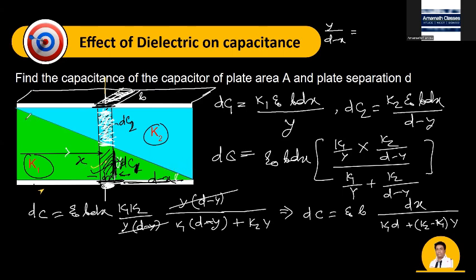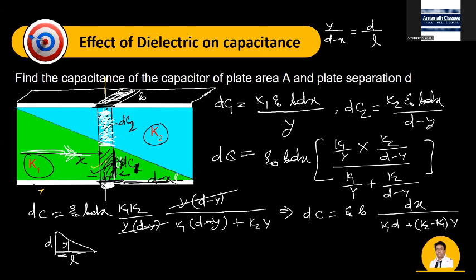Which is nothing but total distance is d and total length is l. Because they are similar triangles. If it is d, it is l. If it is y, this portion is d minus x, because this is x I have taken and that is y.